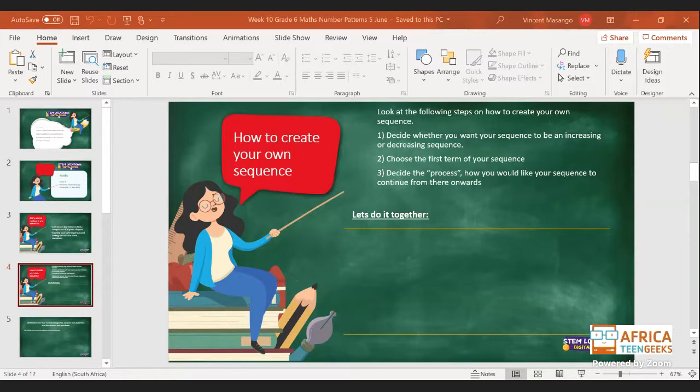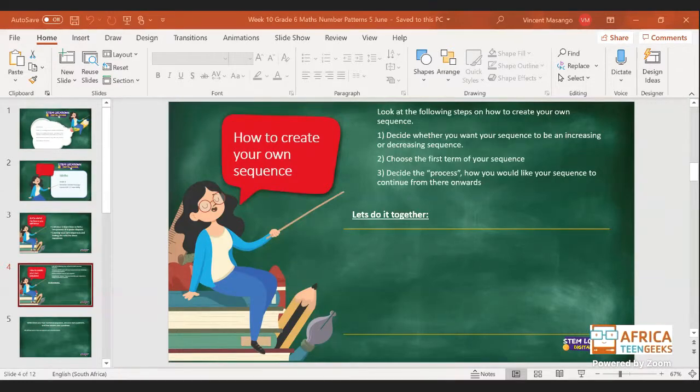We have looked at a couple of sequences and different types of spider diagrams. We've looked at how to find the different rules, so you should be confident in how to find general rules, how to look at the different patterns, and also how to look at input and output values and the processes that happen to those values.